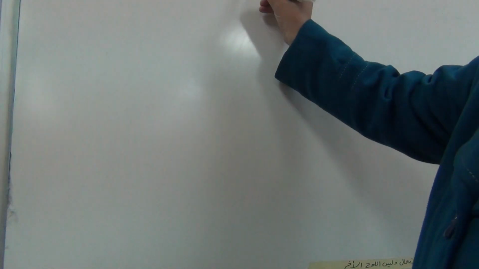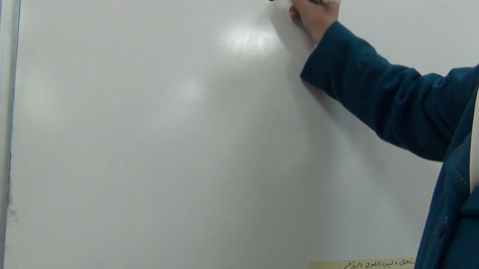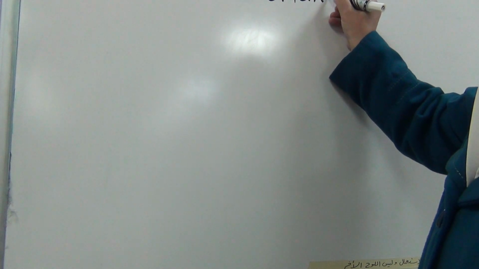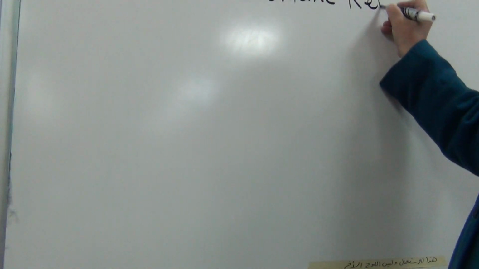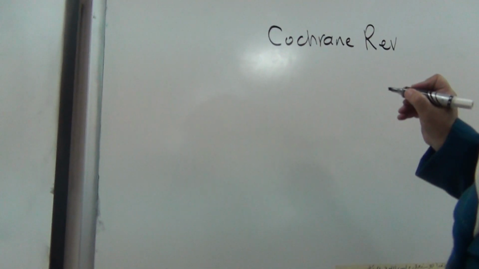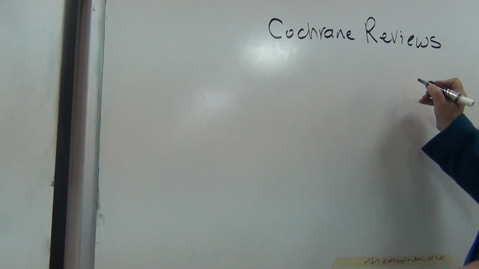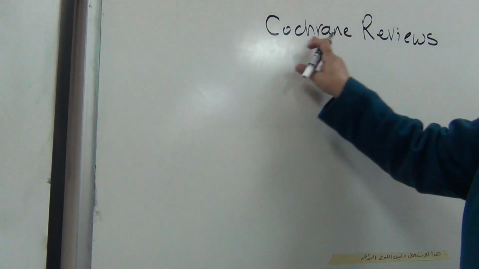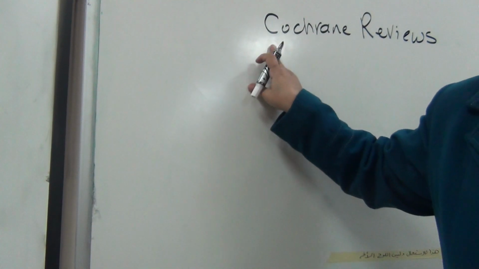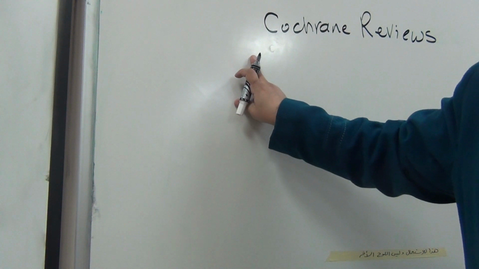The first source that I like to depend on is the individual studies. For example, if it's medical research, I would concentrate on Cochrane reviews. Why? Because the papers that went into that review were of high quality of scientific writing and high quality methodology.